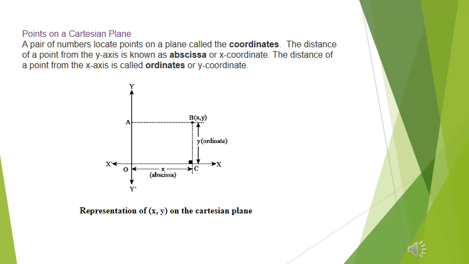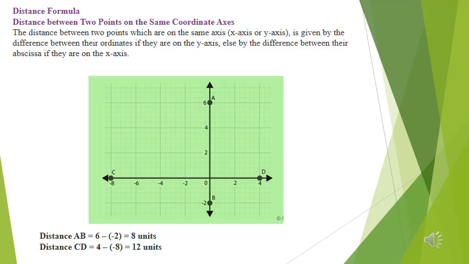The distance of a point from the y-axis is called abscissa, and this is the x coordinate, and the distance from the x-axis is called ordinate, and this is the y coordinate. So the coordinate of the x-axis is abscissa and the coordinate of the y-axis is ordinate. Like this we have to represent a pair of points on the Cartesian plane.